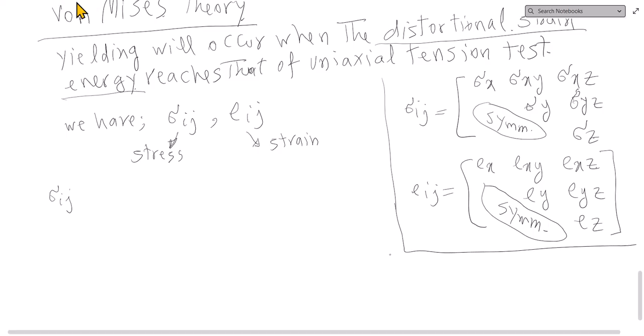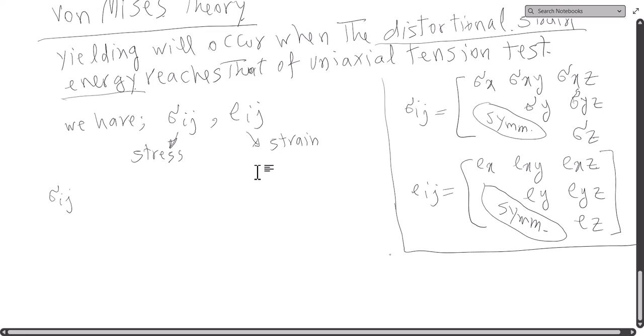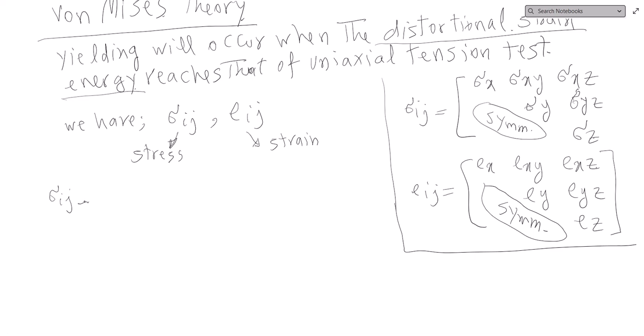Now, what we do here, I come here and actually decompose it into two parts. One part relates to, say, hydrostatic type of stress, and the other part relates to deformation or this distortion.